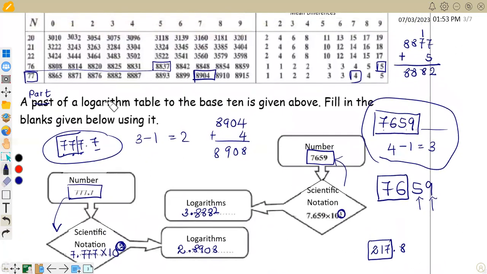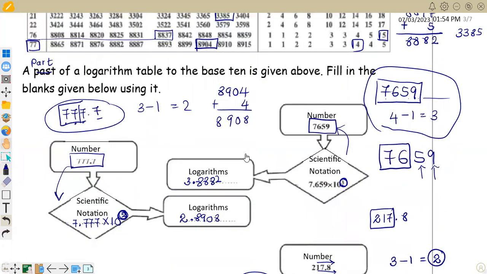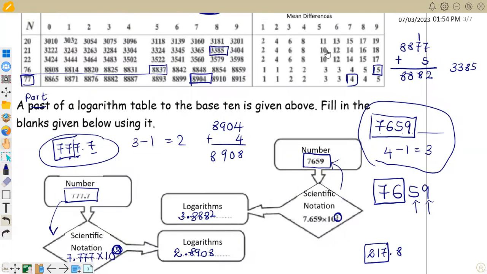Let's see. 21, 8. It is 3,385. Then it's the 7th column, no? Oh sorry, it should be the 7th column, 8.